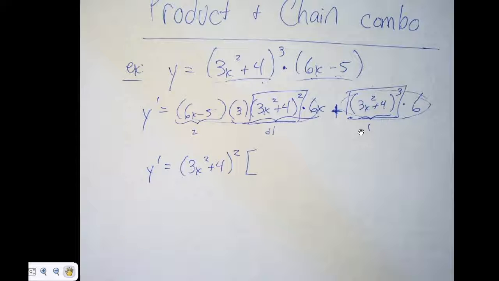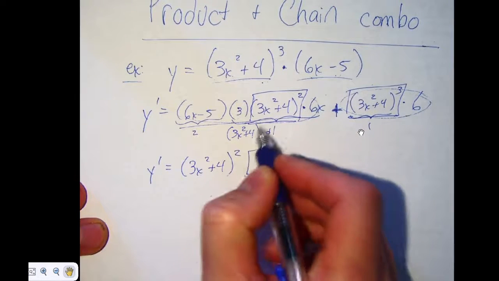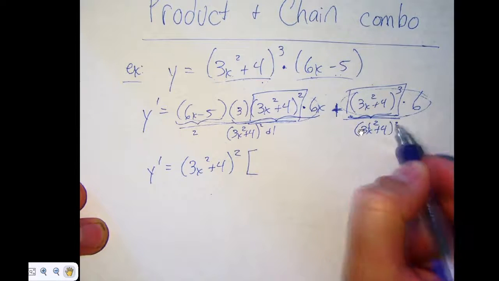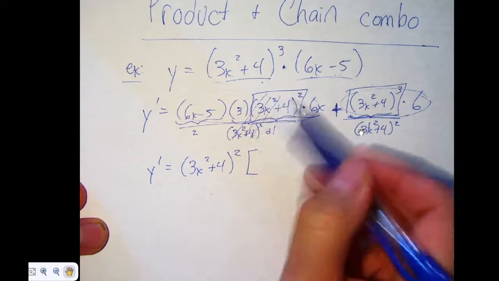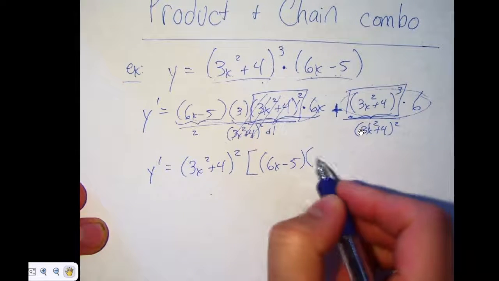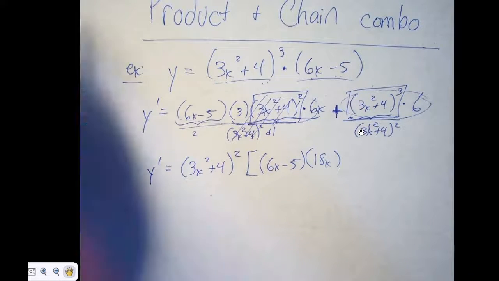And so what you're really doing when you factor out is you're dividing both terms by 3x squared plus 4 squared. So in this first term, those cancel, and you're left with all of that other stuff. I'm going to do 3 times 6x and get 18x here. Just save myself a little step there.